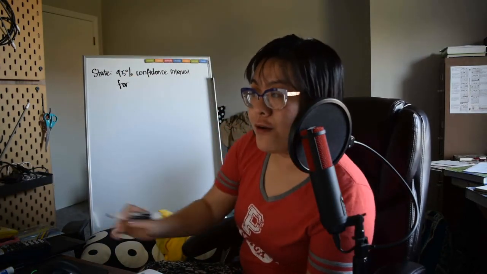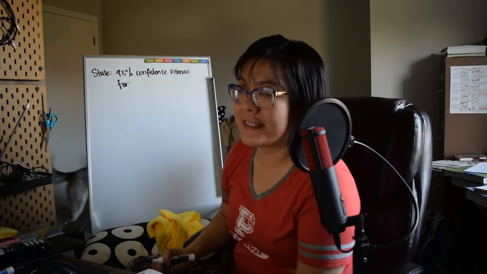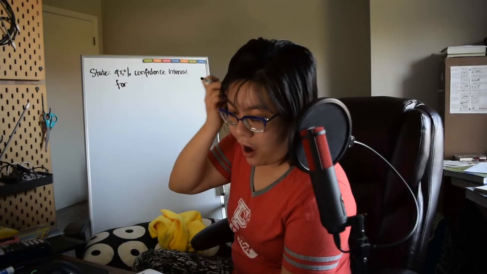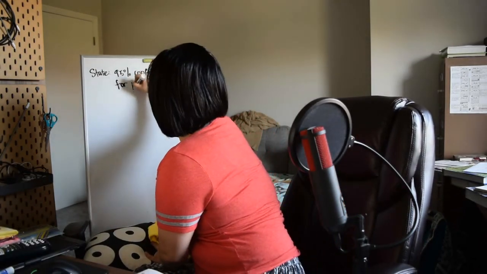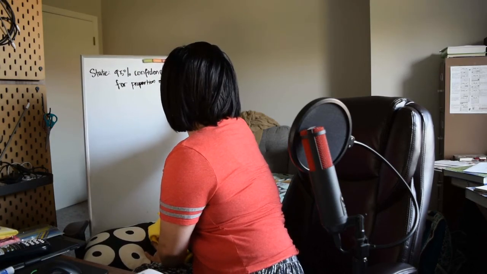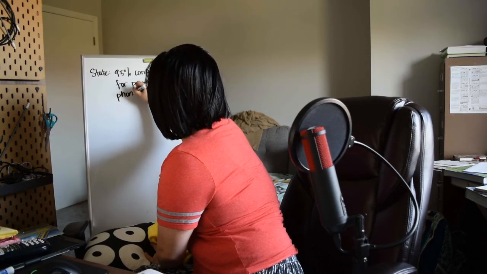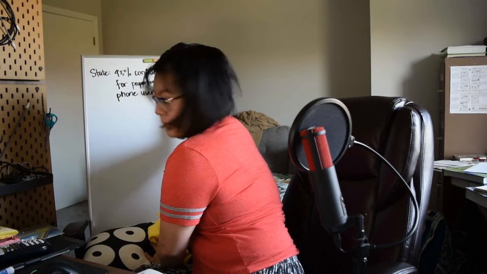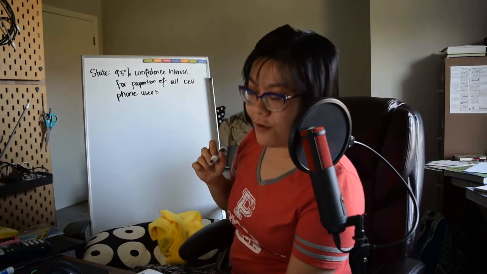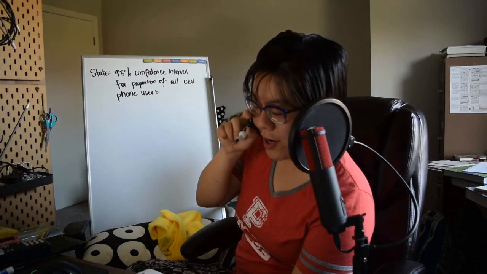For the proportion, they ask you to find a 95% confidence interval for the proportion of all cell phone users who admit to walking into something or someone while talking on their cell phone.